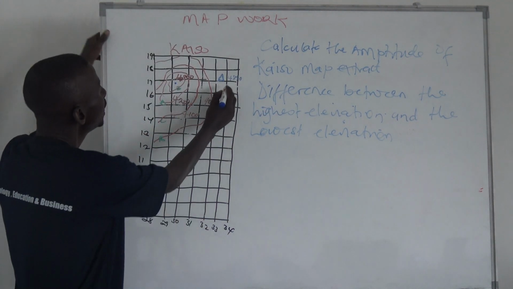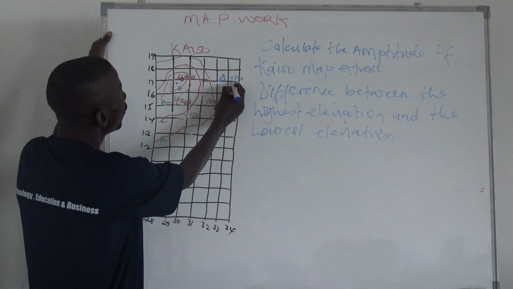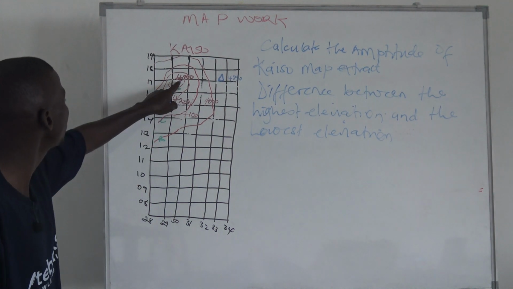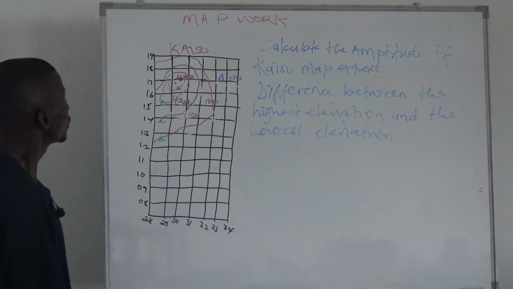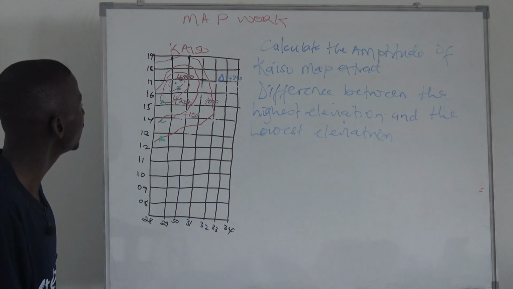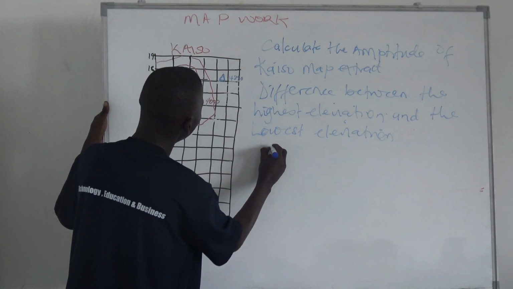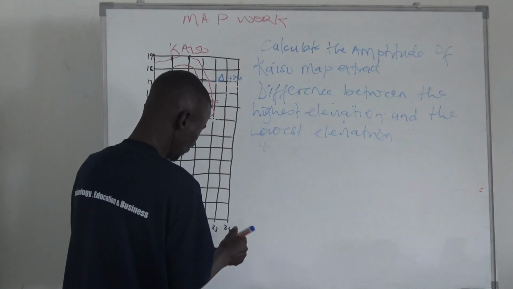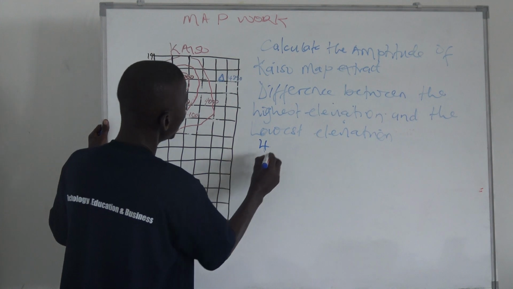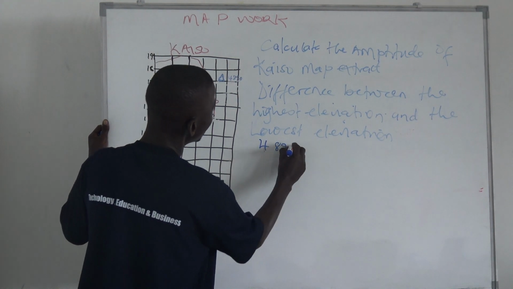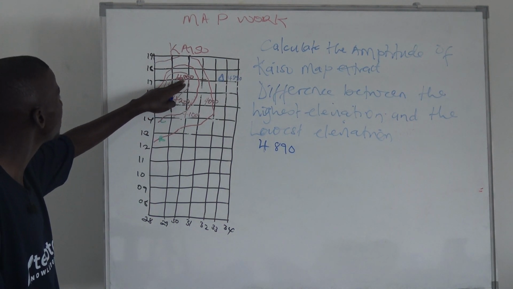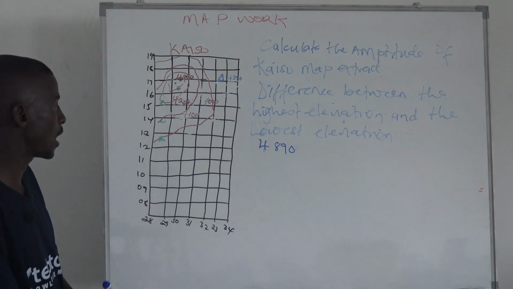So it means 4,890 is bigger than what we have here in our contour, 4,300. So I will consider 4,890 to be my highest elevation, because this number is bigger than what we have on these contours.